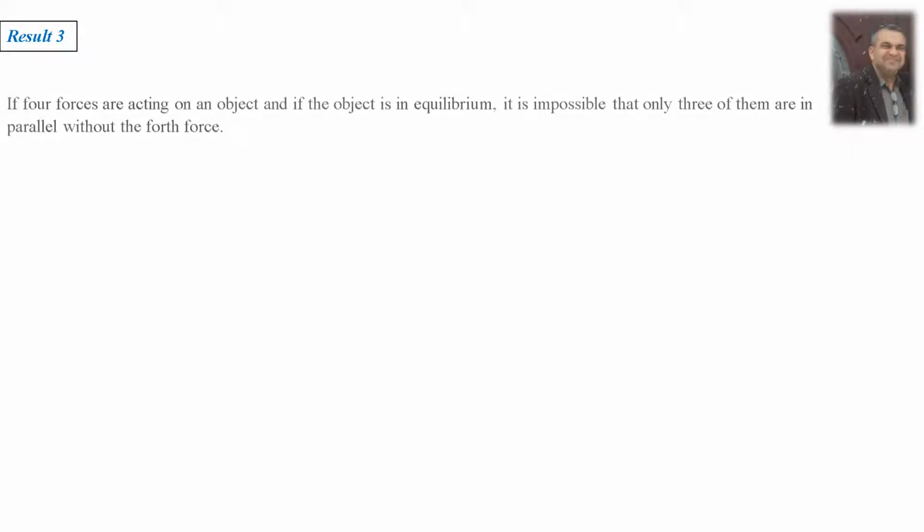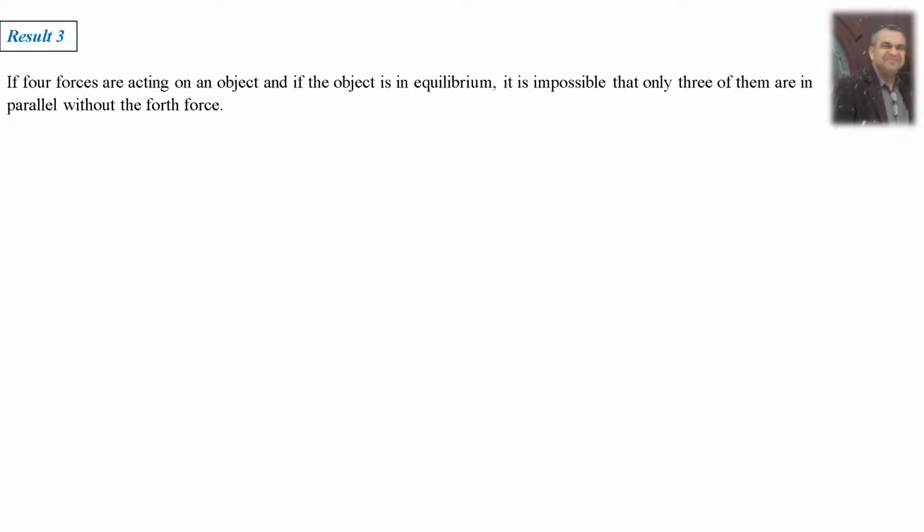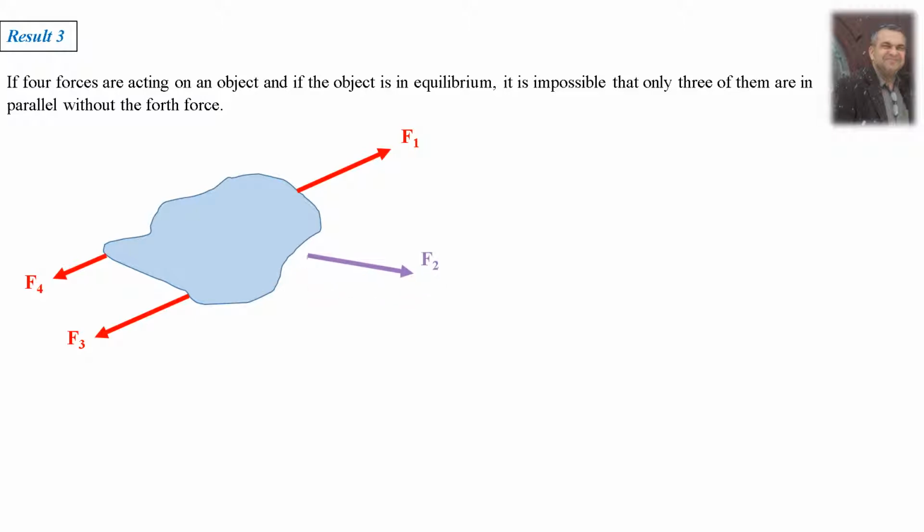Result number 3: if four forces are acting on an object and the object is in equilibrium, it is impossible that only 3 of them are parallel without the fourth one. This is another fact regarding the 4 parallel forces. F1, F3, and F4 are all parallel. But if this object is in equilibrium and F2 is not parallel to them, this cannot be possible.